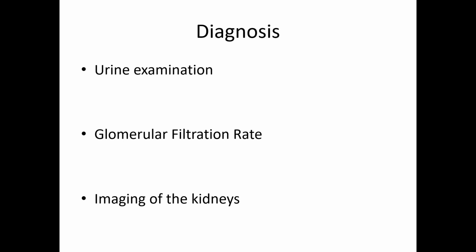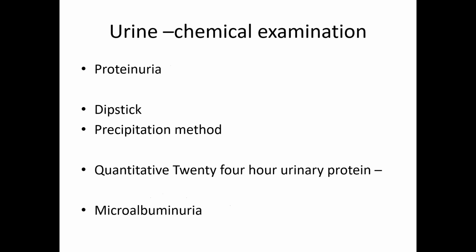Second, GFR is important, and for the GFR we calculate the creatinine clearance, which may give a slightly higher GFR. To get a true value, we can take the help of radionuclide clearance, that is iodine 125 clearance. Third, imaging of the kidney: if you have bilateral shrunken kidneys or polycystic kidney disease, this will help in diagnosing chronic kidney disease.